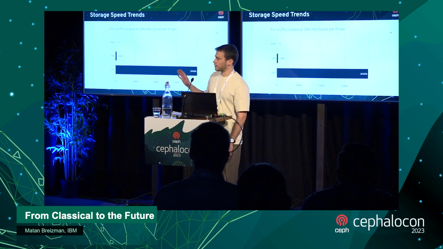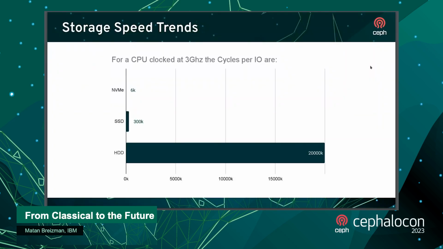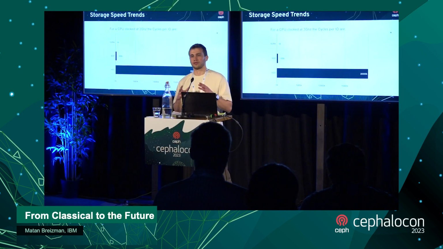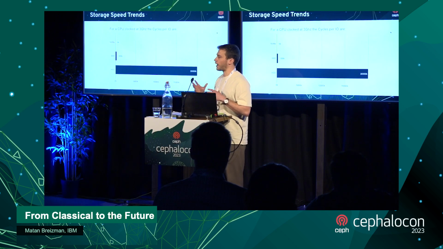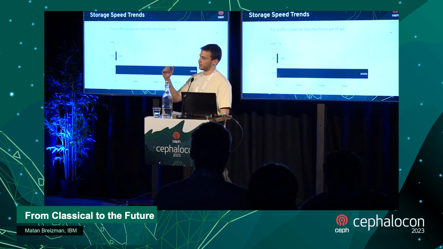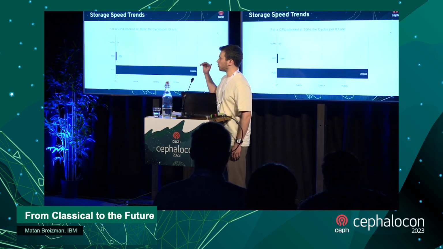This slide represents the same data we've seen in the previous slide, but from a different perspective. This is for a single CPU core with, let's say, a clock speed of 3 gigahertz, which is 3 billion cycles per second. The budget means the number of cycles we can allow ourselves to spend per I/O before reaching a CPU overhead.